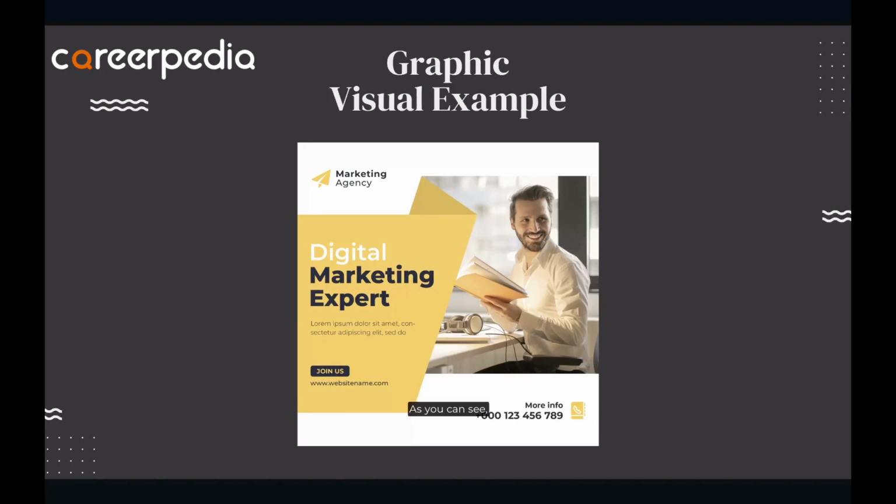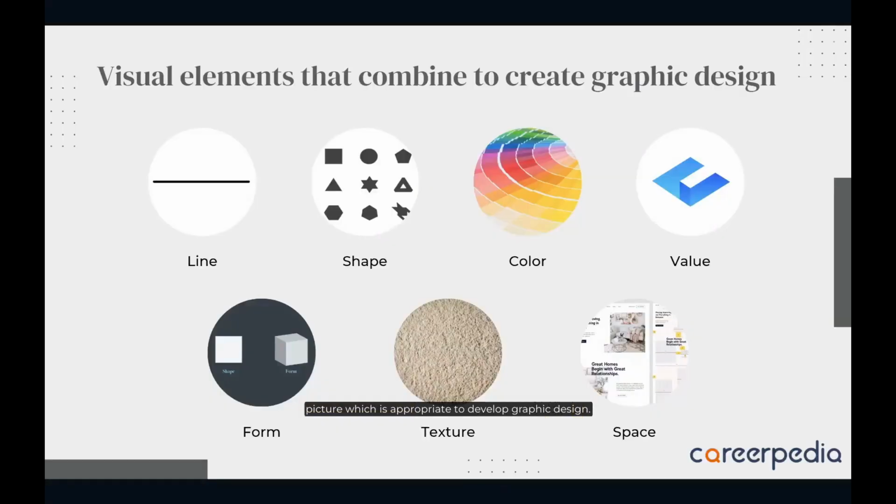As you can see, there is a layout, there's typography, proper space, and a picture which is appropriate. To develop graphic design, various visual components are merged, like line, shape, color, value, form, texture, and space.